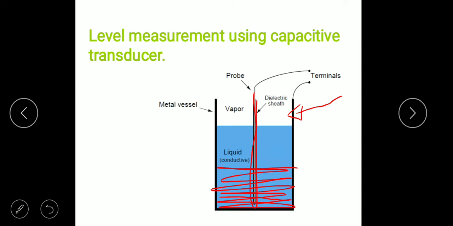Or we can consider that the metal rod is submerged in the available liquid; you can consider it both ways. We are considering here that the liquid level is increasing from bottom to top, and at that time it makes contact with the metal rod, and with the other rod also, as we are considering the metal vessel as another rod.